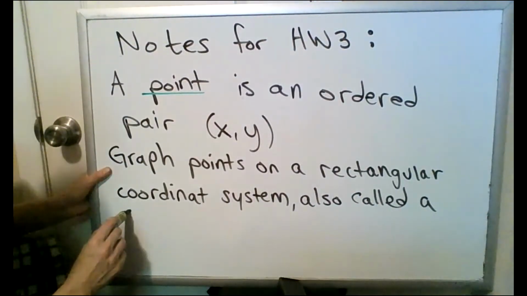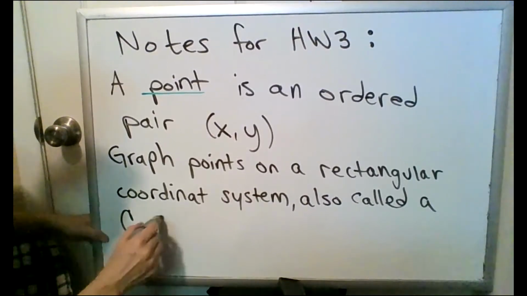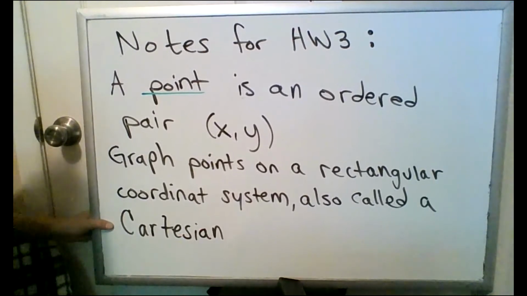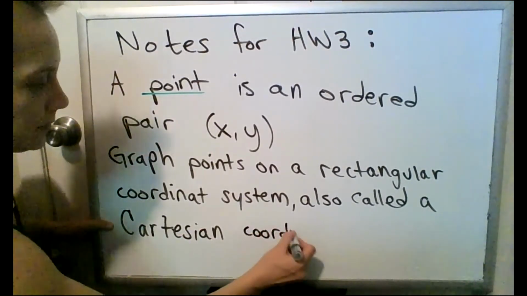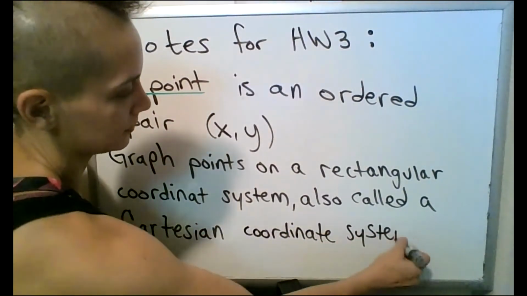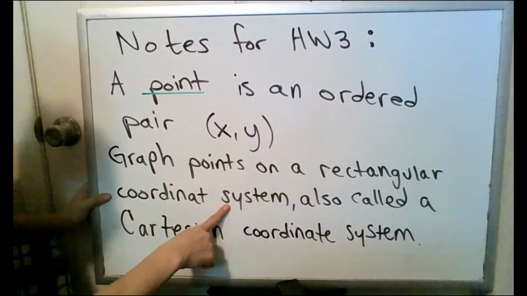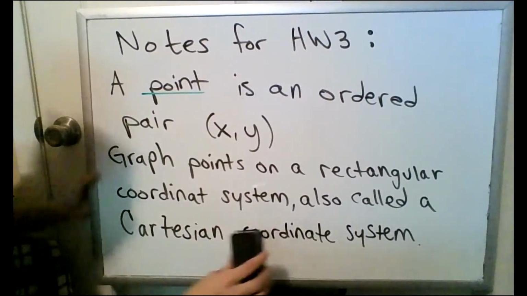It's somebody's name, so it's a capital C-A-R-T-E-S. Okay, so for your rectangular coordinate system or Cartesian coordinate system, you have an x-axis and a y-axis.